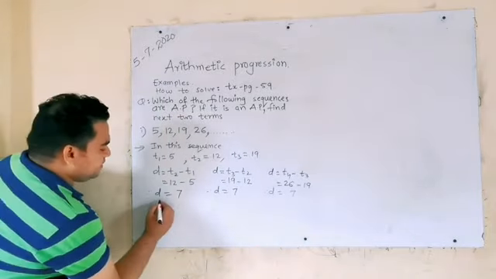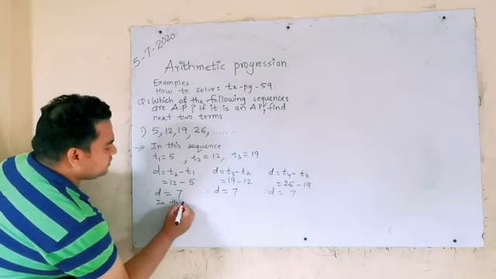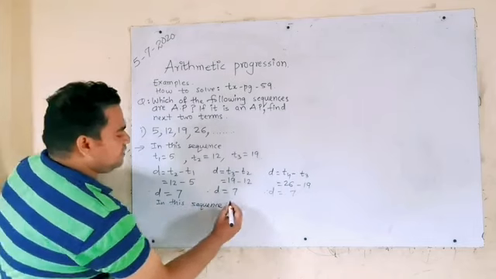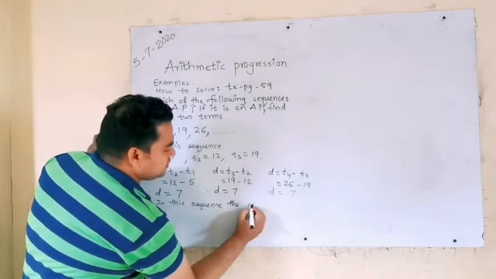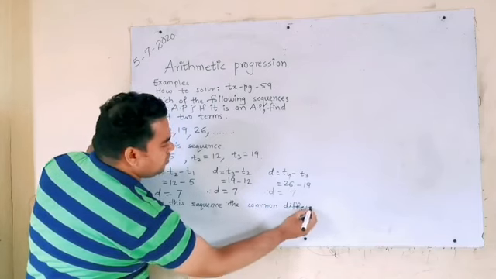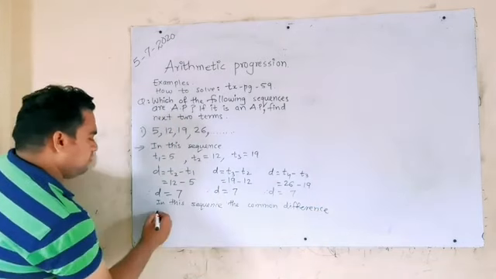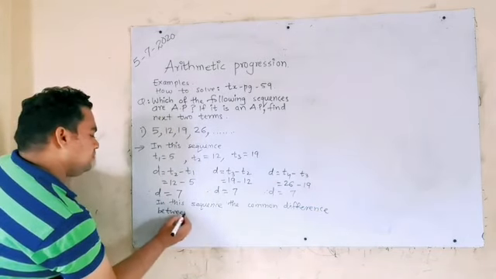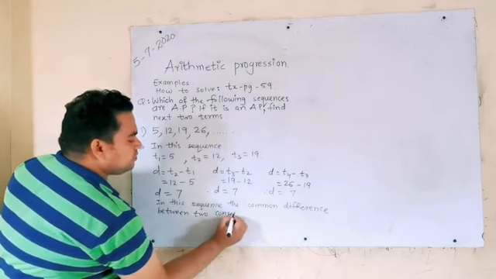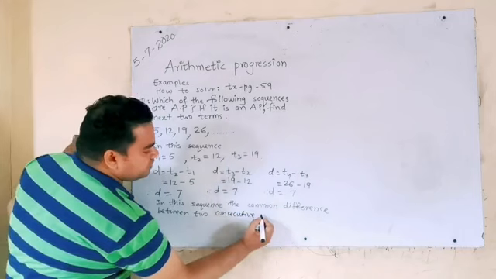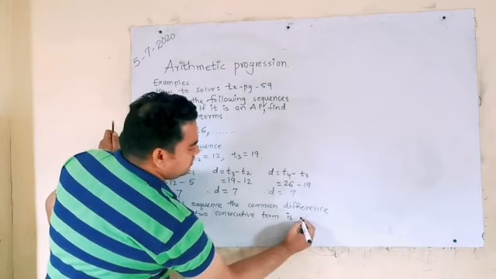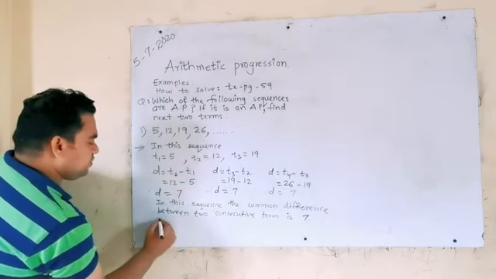So we have to write that in this sequence, the common difference between two consecutive terms is 7, which is constant.